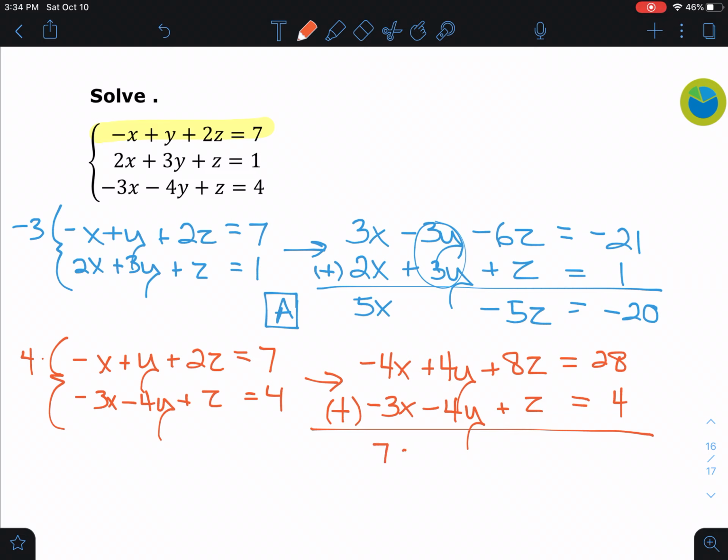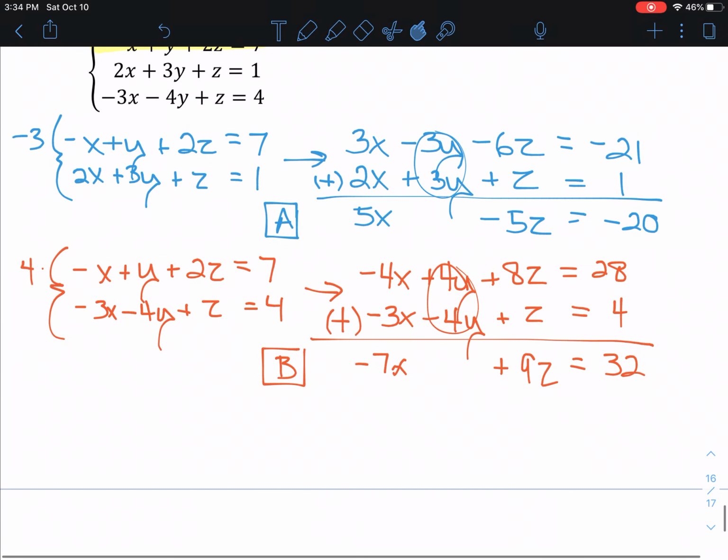Okay, so now we're going to combine like terms here. So we have negative 7x. My y's eliminate again, plus 9z equals 32. All right, so this is equation B. We have just eliminated a variable, and this variable was y in all those equations. So now you're going to take equation A and B and put those together and eliminate another variable, and pick the one that makes the most sense or is the easiest.